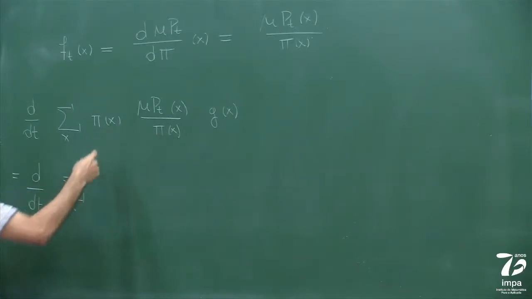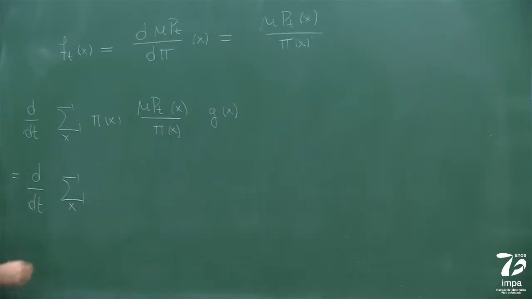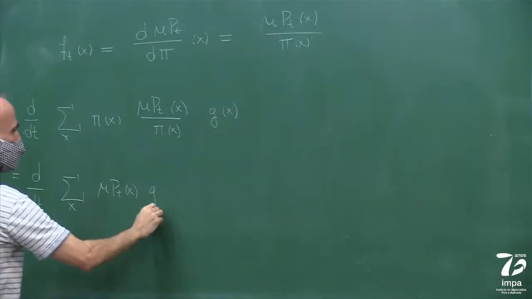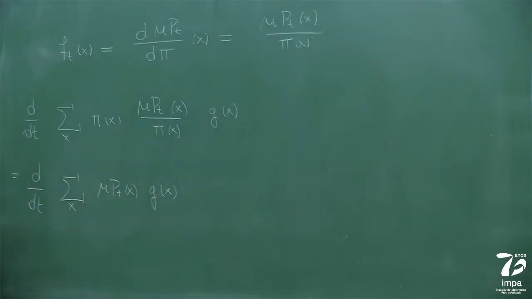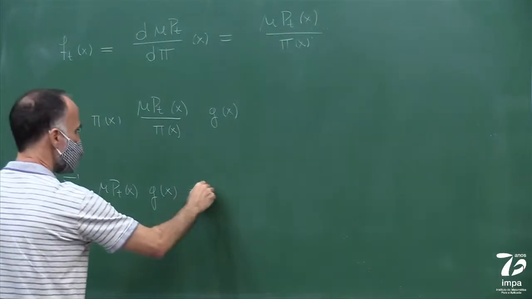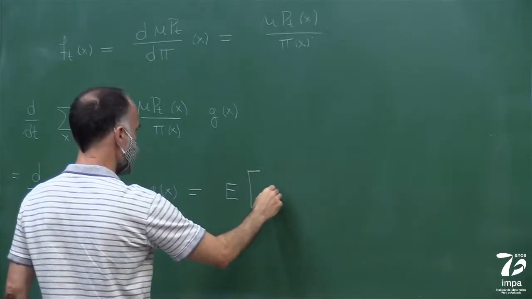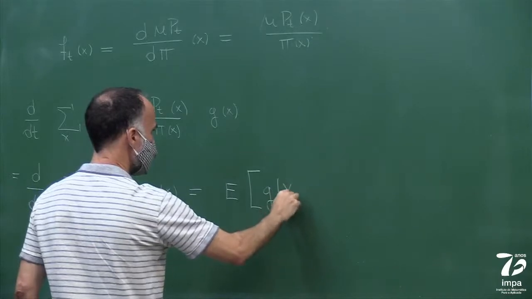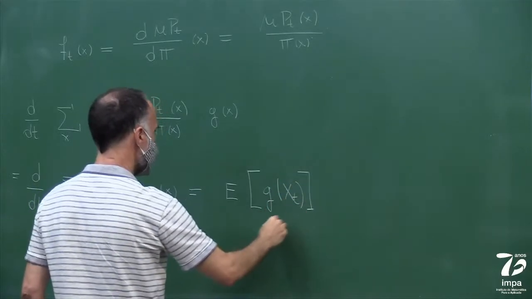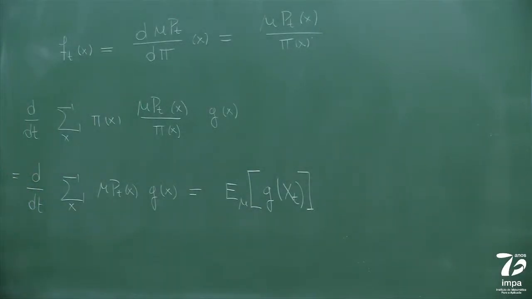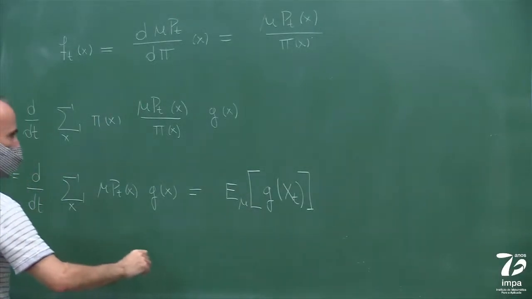Then you see that pi of x cancels with pi of x, and you get mu PT of x, g of x. And what is this? Well, this is the expectation, if you wish, of g of Xt starting from mu, or mu PT g.